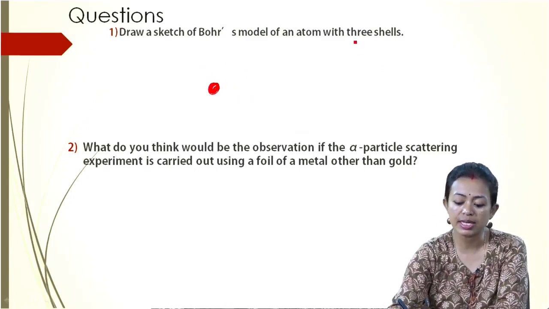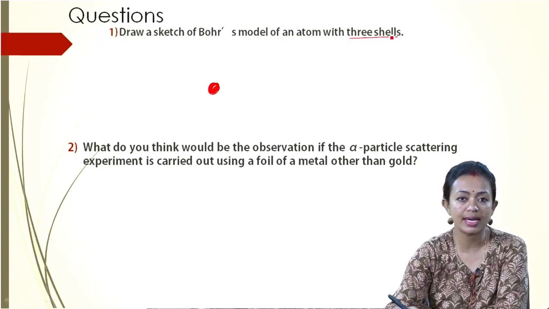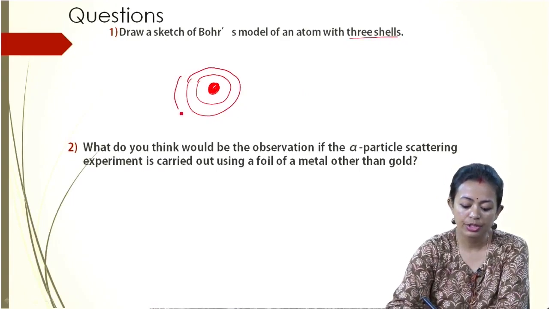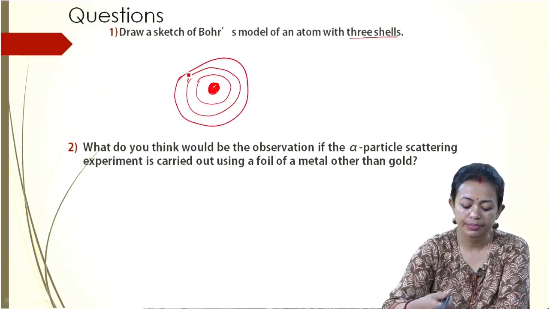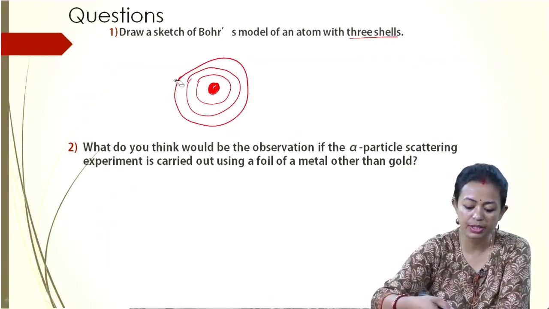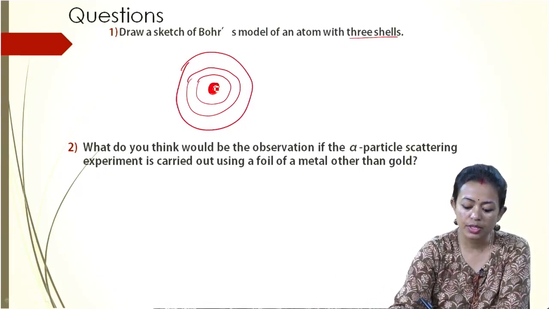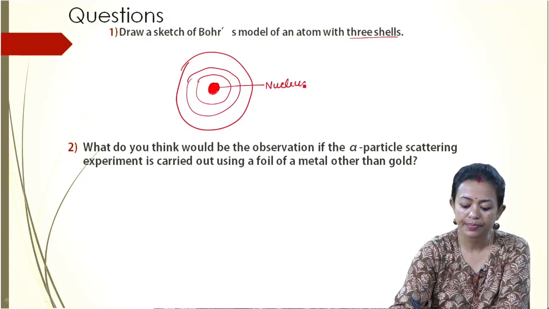Now here you would see that in the question it is mentioned that there have to be 3 shells. That means we can have shell 1, shell 2 and shell 3. Okay, let me make some correction here. So this is the nucleus of the atom.